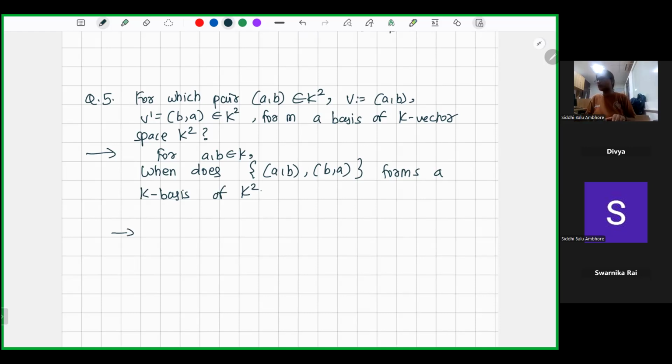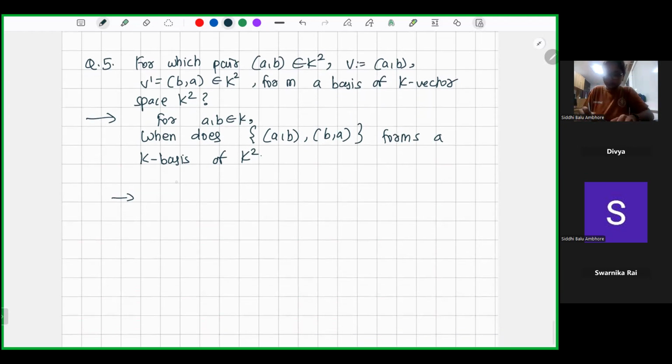What is your guess for this? See, there are two elements again, and we have to check something is a basis. So the only thing we need to check is whether they are linearly independent or not. To have linear independence here, we will have some conditions on A and B, and that's exactly what we have to find here.